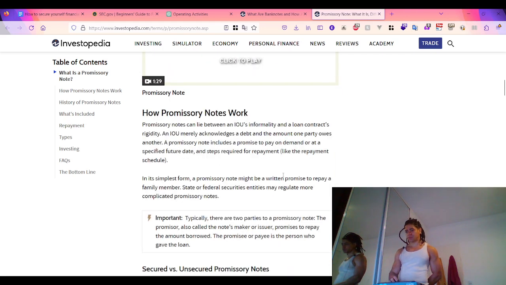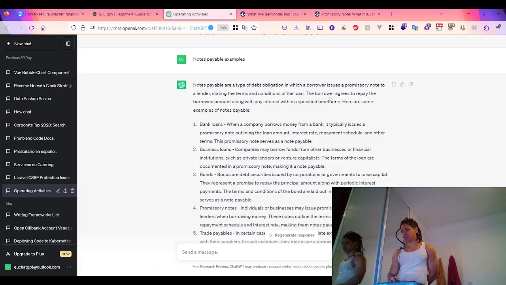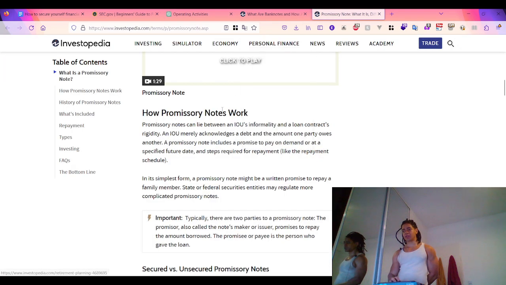A promissory note sits between an informal IOU and a loan contract's rigidity. An IOU merely acknowledges a debt and the amount one party owes another.